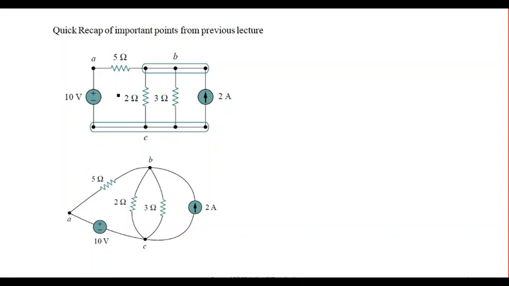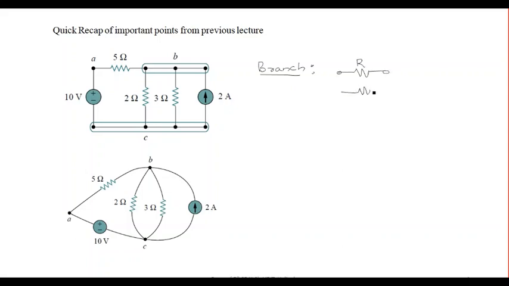Here you need to recognize how many loops are possible, how many nodes are possible and how many branches there are. If you think about a branch, it should have an element associated with it. So it can be a resistor. This we can call a single branch, right?